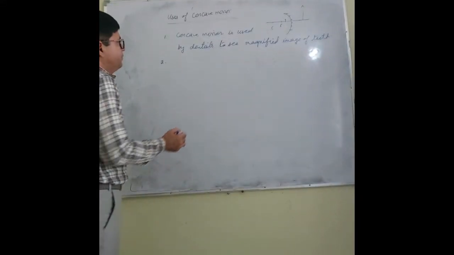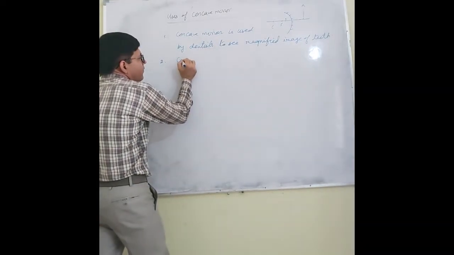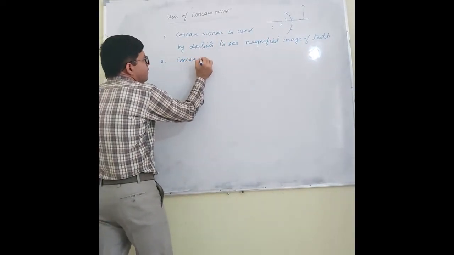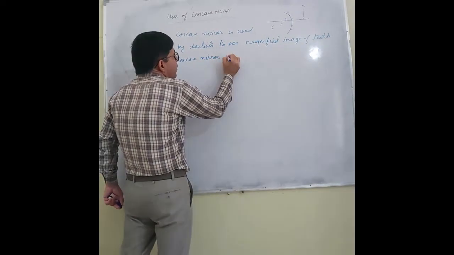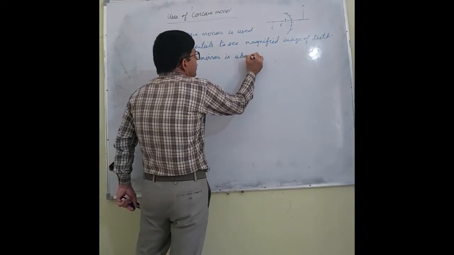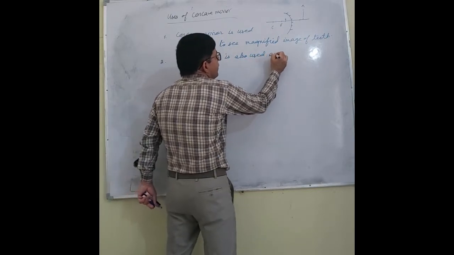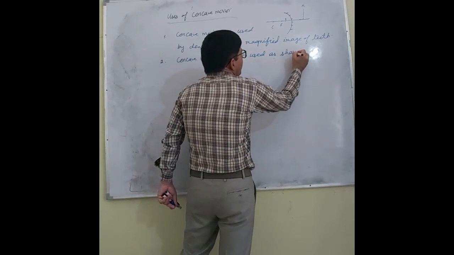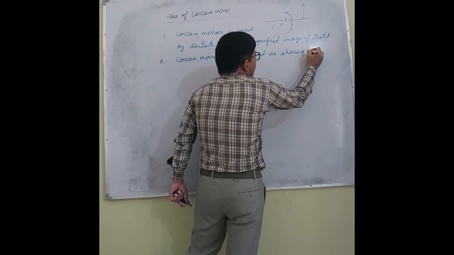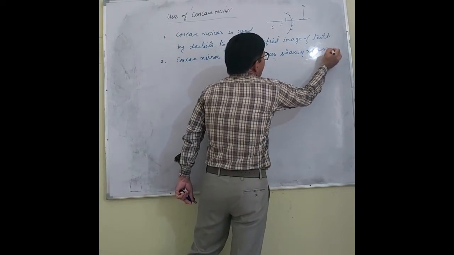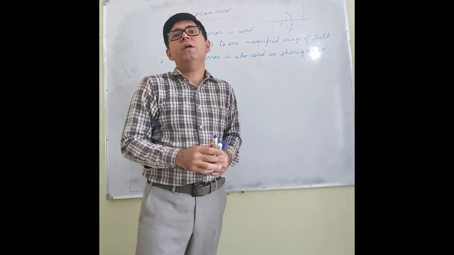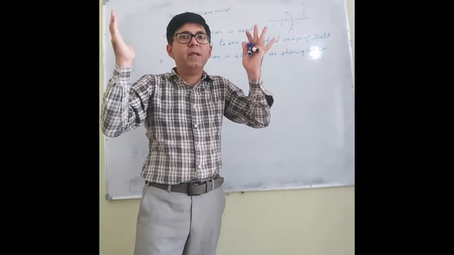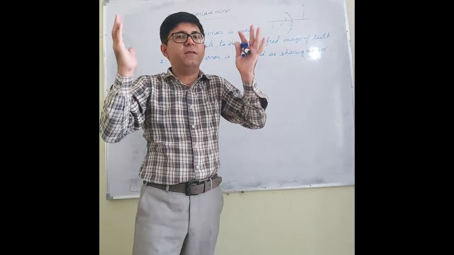Second point is, concave mirror is also used as shaving mirror. Why shaving mirror? Listen, whenever a man shaves, what does he want to see? He wants to see magnified image of the face.